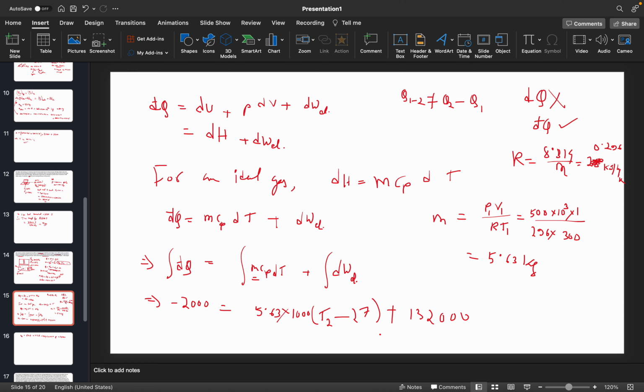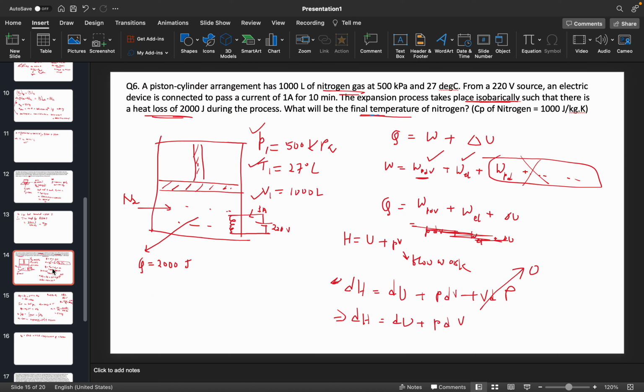Let me check the units. You should always be careful while checking these units, because that will make you make mistakes. If I bring it to that side, then it will be negative. Something is wrong here.